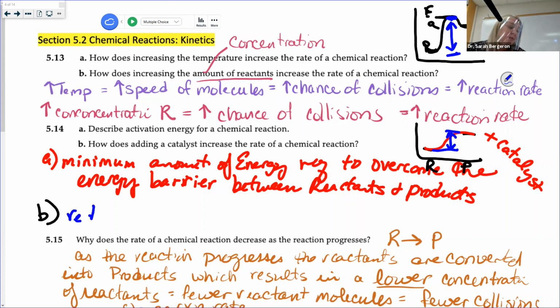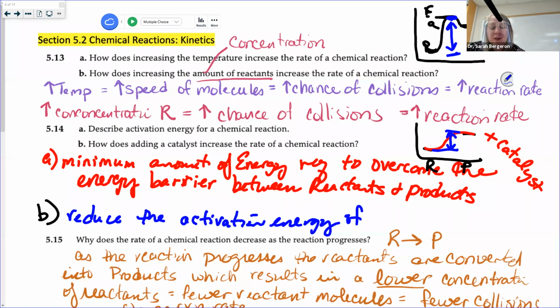It will reduce the activation energy of our reaction. It makes it an energetically smaller hill to climb, which makes progressing from reactants to products easier.